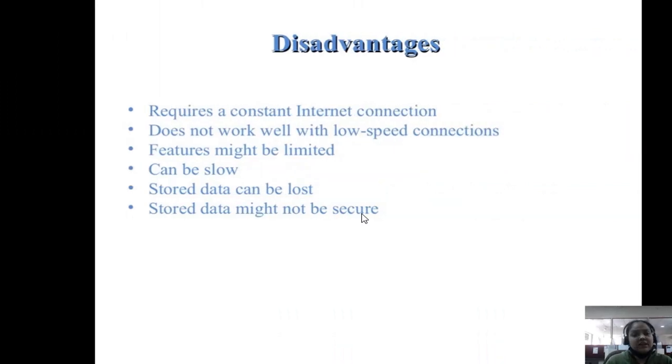Next, we talk about the disadvantages. If there are pros, then there should be cons also. So if you talk about the cons, obviously, since it is an internet technology, it is mandatory to have the internet connection thoroughly. Then only you can view, you can use, you can access whatever is there on the cloud. And the most important thing, we have to consider the internet speed also.